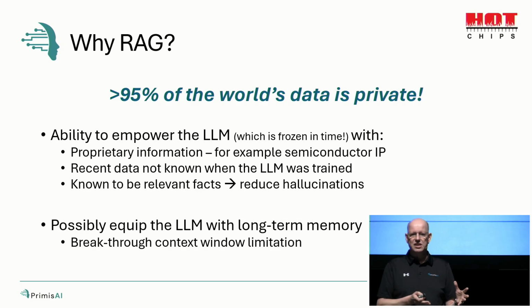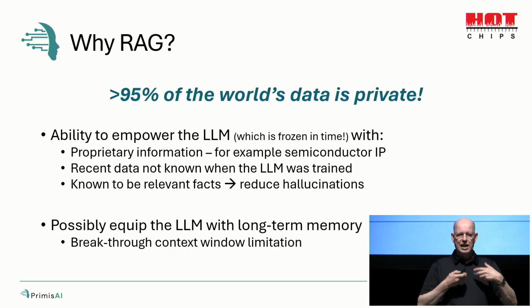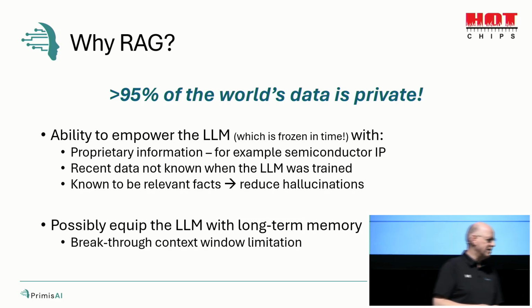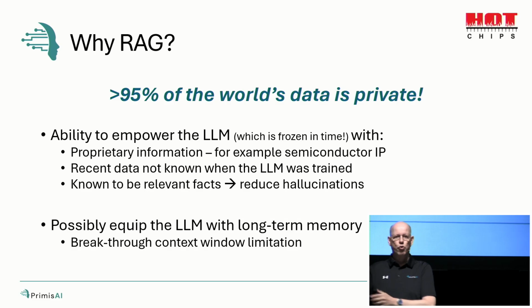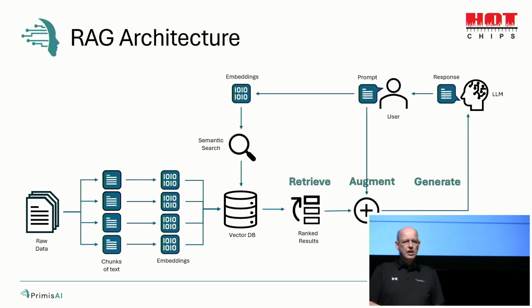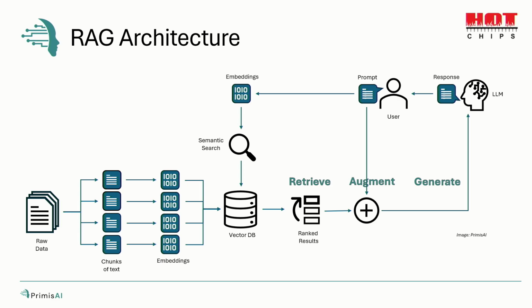You're bringing in the facts, and the chance of the LLM starting to make things up becomes less. It can also offer a way to bring in long-term memory into an LLM. I already described the context window overflow problem. If you would save the dialogue in a memory, you can bring in that memory as it's considered relevant in RAG, such that the LLM considers it again.